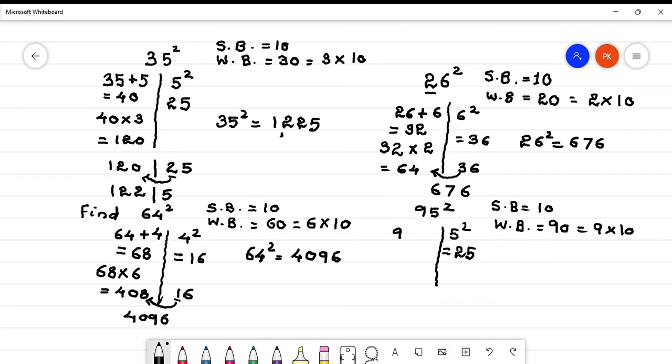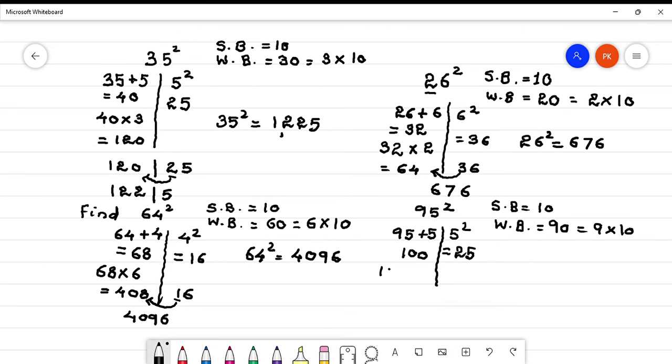What is the second step? 95 and the excess number over the working base. Working base is 90, so excess number is 5. Add 95 plus 5, that is 100. Now, what is the next step? Tell me. Because the working base is 9 times the standard base, what should I do?